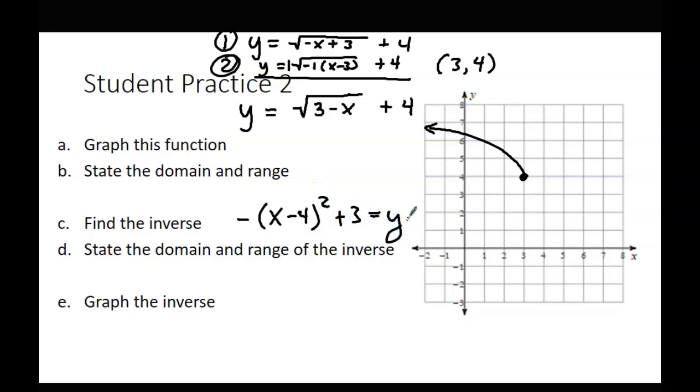Okay, let's graph that now. So, Quinn, what's my vertex of this parabola? What's the vertex of this parabola? Uh-huh. Over 4 up 3.